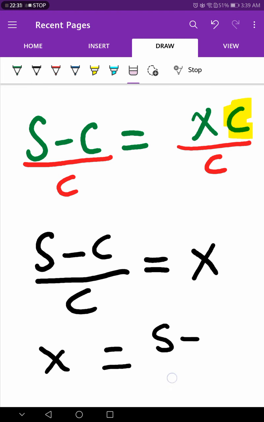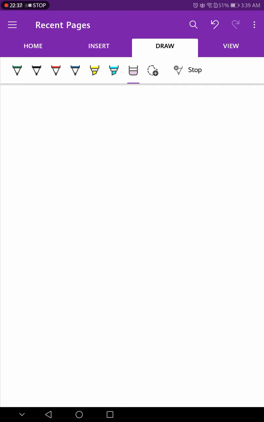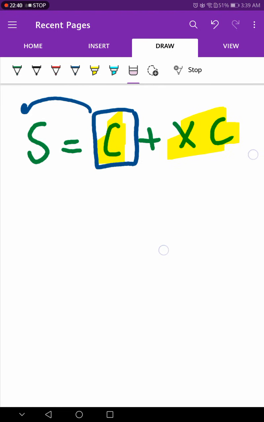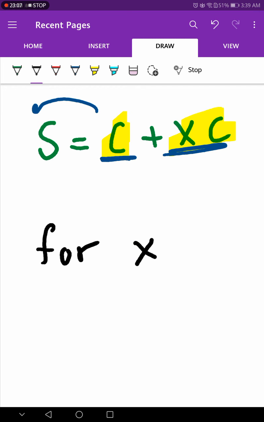So what is the difference here? Why don't I find the common factor between the first term and the second term? The answer is you cannot take the C as a common factor here, because he asks you for X. You have to solve the equation for X. But teacher, if he asks me to find the solution of the equation for C?